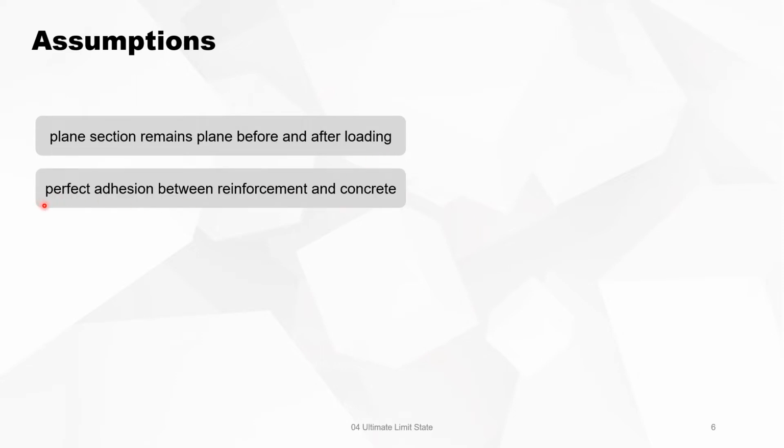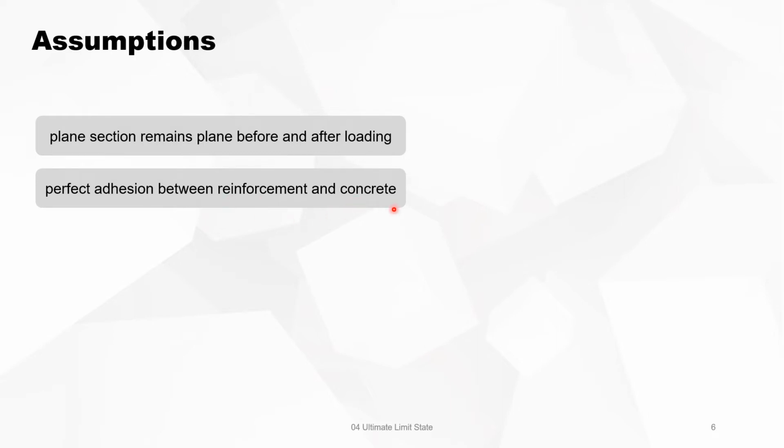Now let's concentrate on the assumptions for the ULS. What kind of assumptions are we going to make to calculate the reinforcement of beams in ULS? First one, plane sections remain plane before and after loading. There is a perfect adhesion between the reinforcement and the concrete. So the reinforcement does not slip in the concrete.